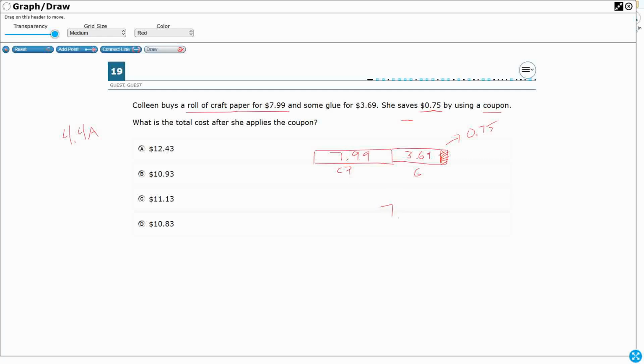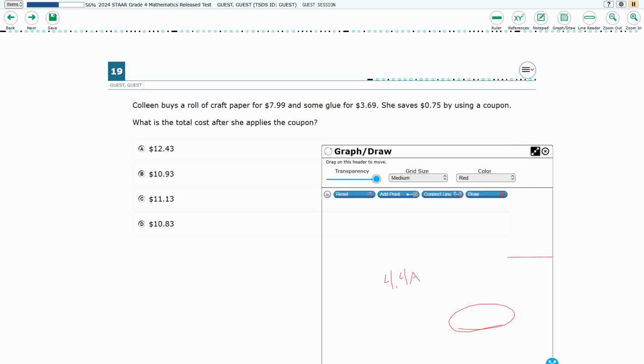So really what I need to do is I need to add my $7.99, my $3.69. Okay, so let's see what that gets me. That's 18, that's 16, and that's going to be 11.68. Okay, and then I'm going to subtract my 75 cents. I am going to need to regroup here at least once. So that's going to be $10.93. So my answer here is B.